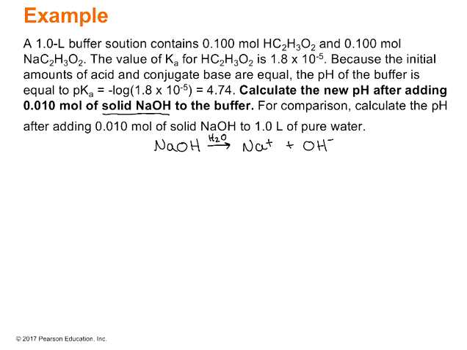So there's 100% ionization here, or we can assume that, especially because sodium hydroxide is a strong base. So if we have 0.01 moles of sodium hydroxide, that means we have 0.01 moles of hydroxide ions in solution. Now, when we add hydroxide ions to our buffer, remember that it's going to react with the acid in the buffer.